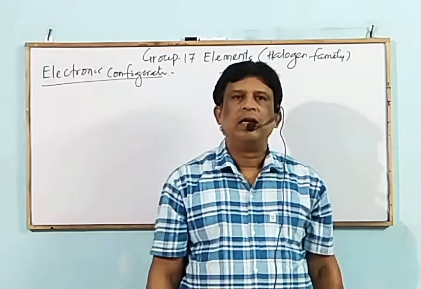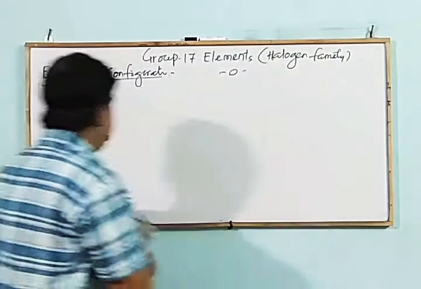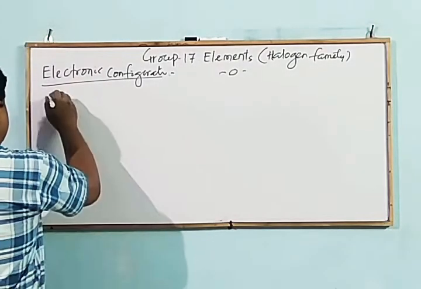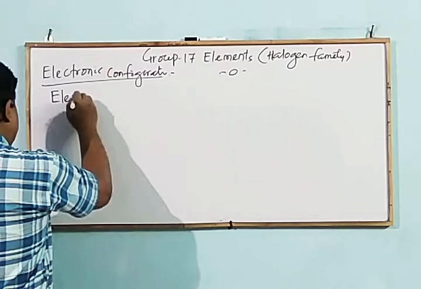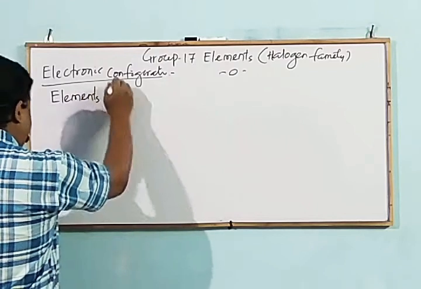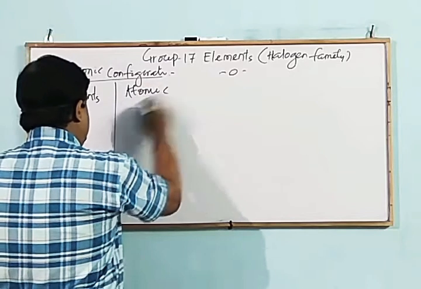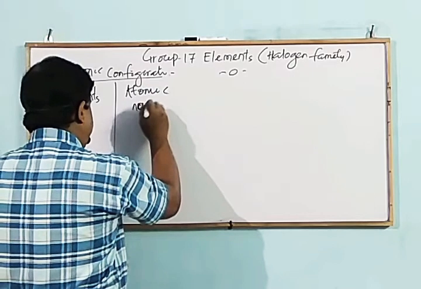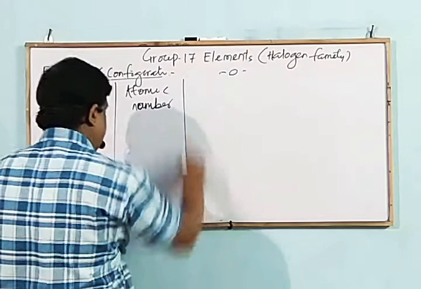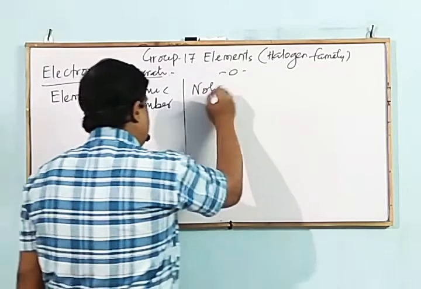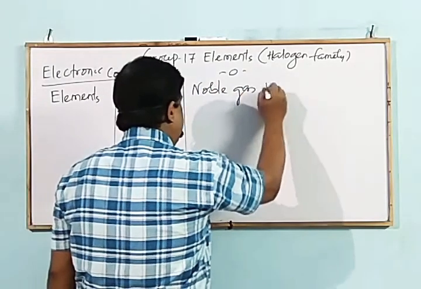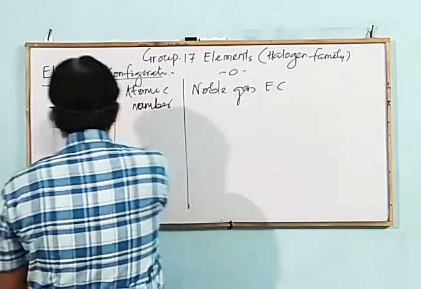Mark that from the box diagram, that is elements, atomic number, noble gas, electronic configuration.